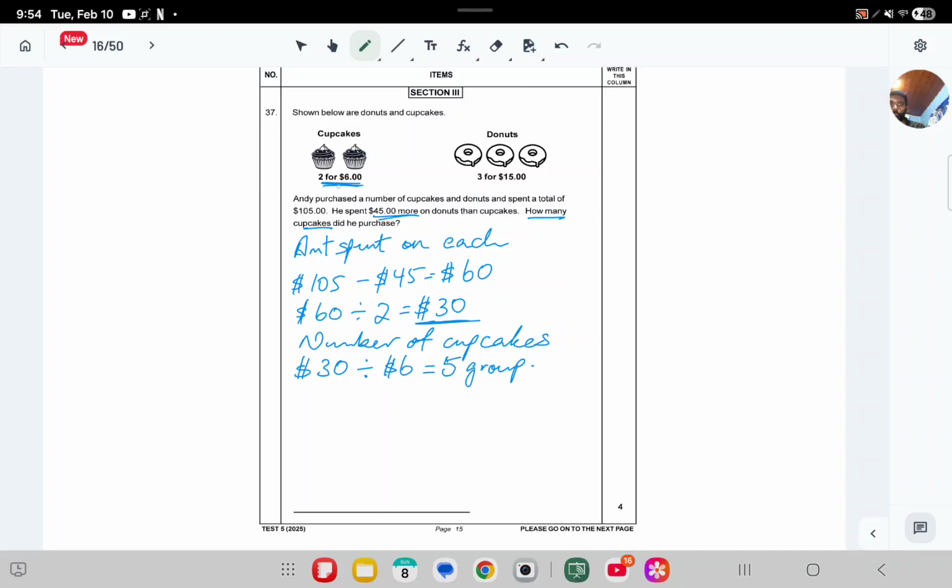And in one group, you're getting 2 cupcakes. So for 5 groups, it'll be 5 by 2, which is equal to 10 cupcakes. So we'll get 1 mark, 1, 1, 1, 4 marks. All right.